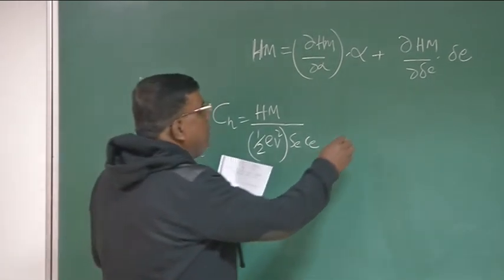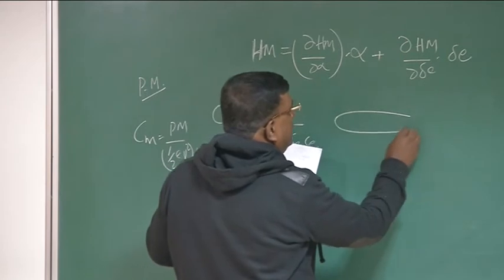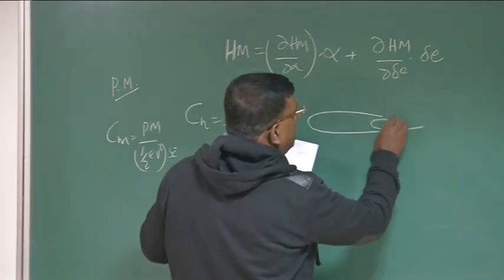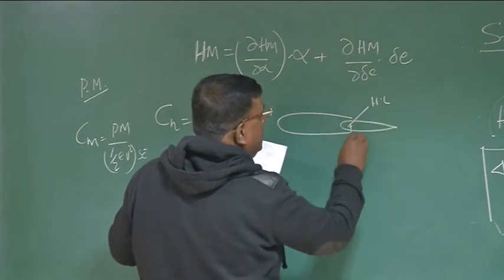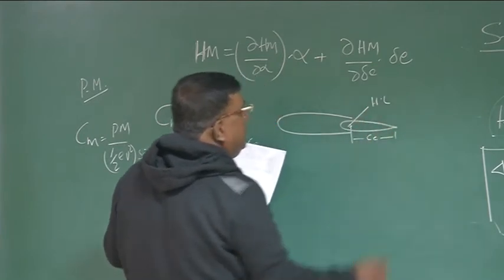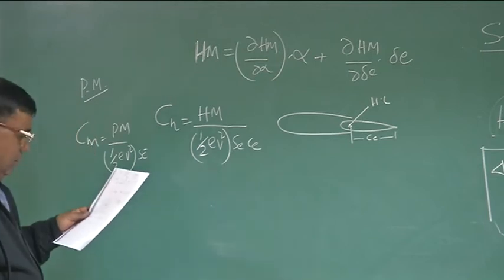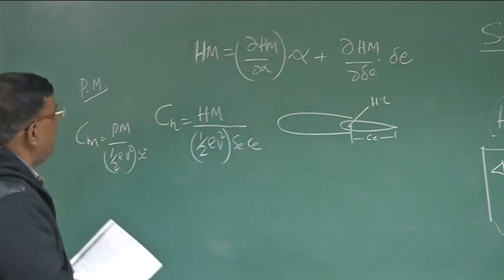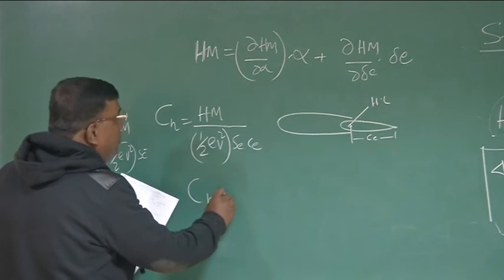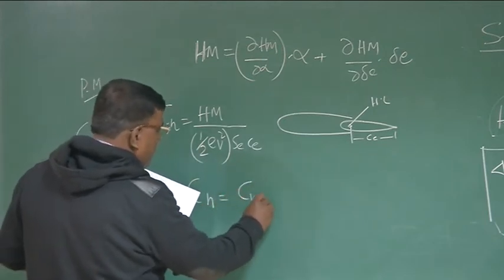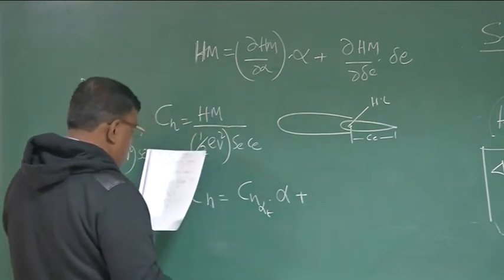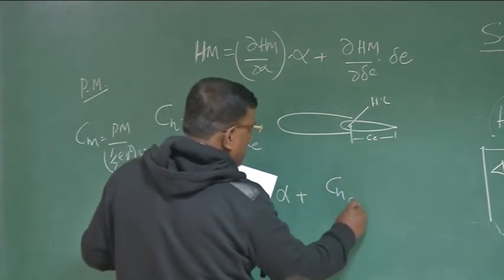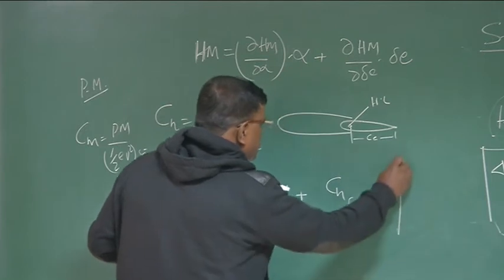And for your information, we have already been told that if this is the hinge line, then C_E is this distance from the hinge line, and S_E is the elevator area that you know. So using this expression, now I can write Ch equal to Ch alpha t into alpha plus Ch delta E into delta E.